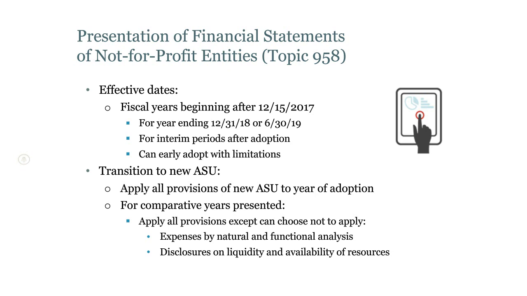So showing expenses by nature and function is now required somewhere in the financial statements, and Laura will talk about that a little later, as well as the disclosures on liquidity. That does not need to be comparative for when you adopt the financial statement reporting for the first year. Just things to think about as you're going through.